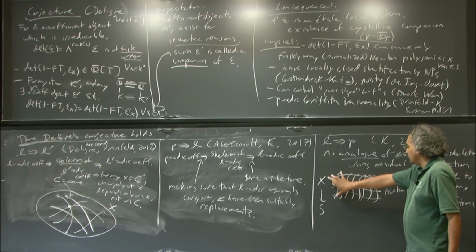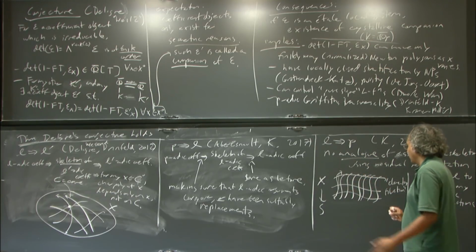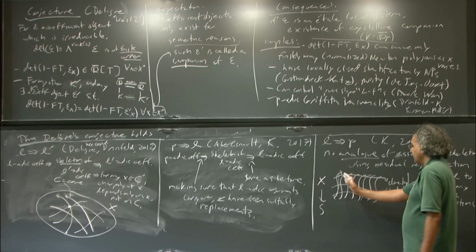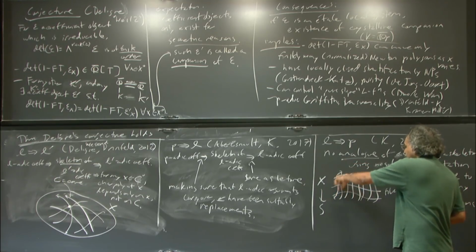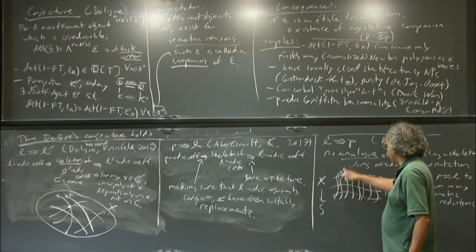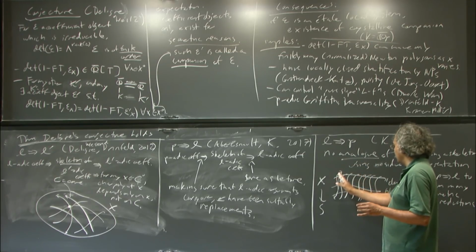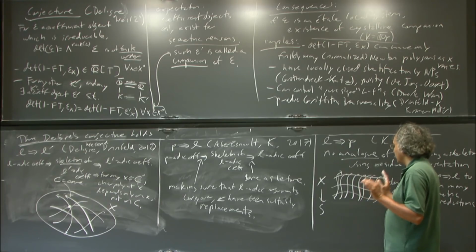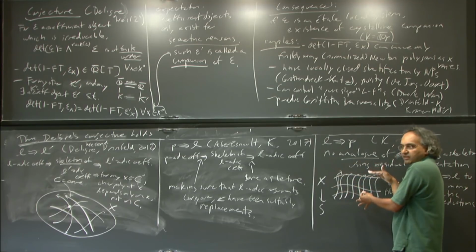Again, this is used in Drinfeld's argument in some form, but I need a slightly different version in this case because I need to do this on the de Rham side. So I start with an étale coefficient object in this picture. I restrict it to this curve. I use the one-dimensional case to make a crystalline companion on this curve, and then I break this thing up into irreducibles, and I show that those irreducible pieces can be spread out in some fashion, which isn't necessarily the one that I actually want, but I can compare them to the one I want by taking the crystalline thing that I made.